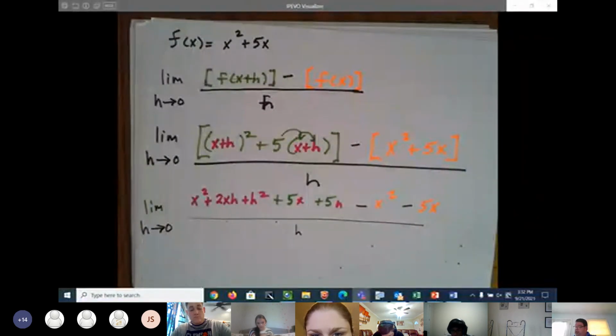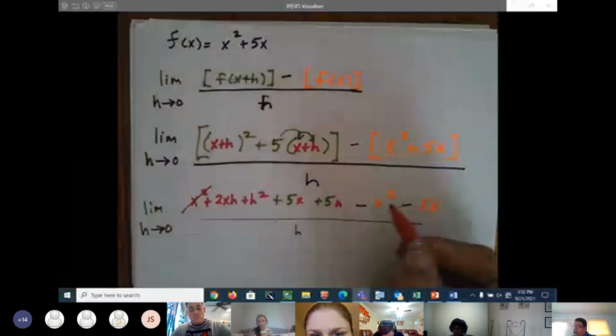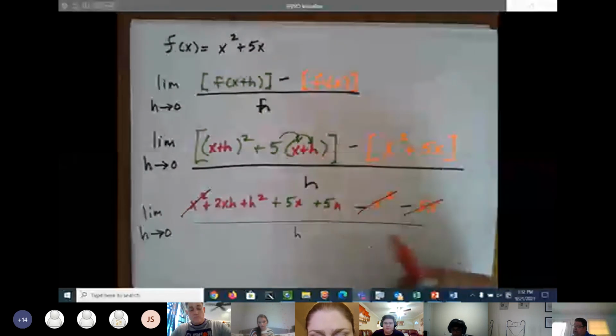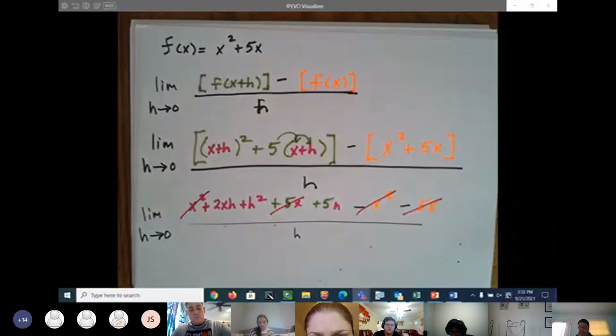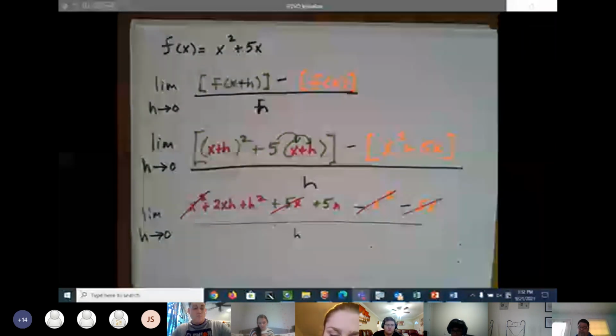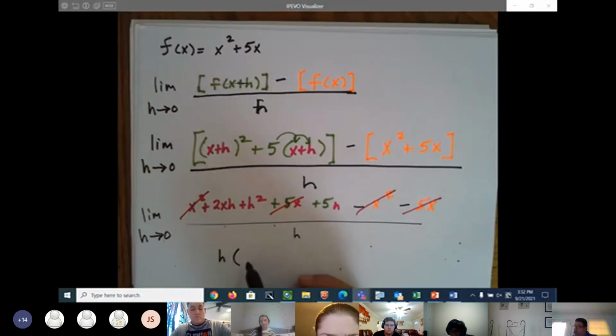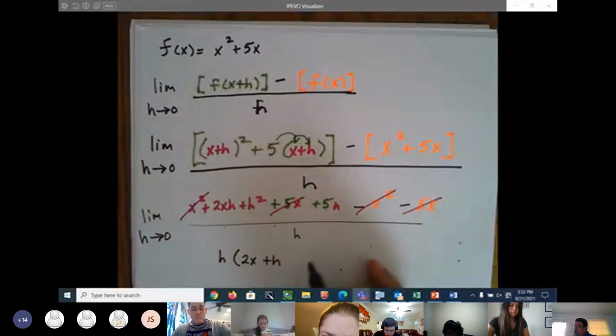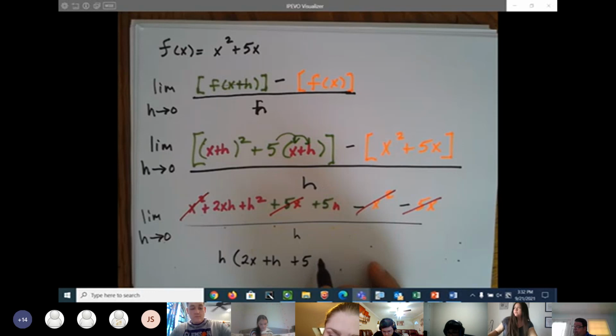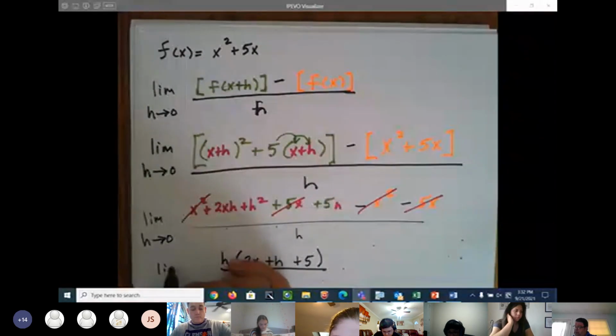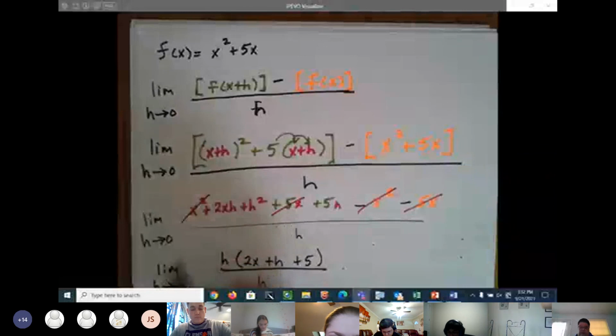The x squared cancels, 5x cancels. I'm going to factor out an h. 2x plus h plus 5 over h, limit as h approaches 0.